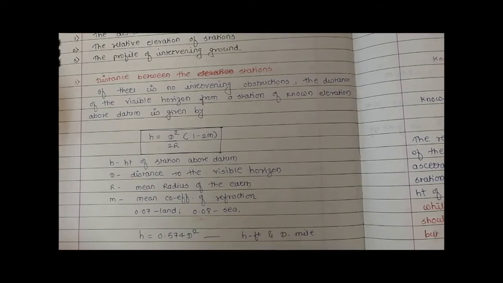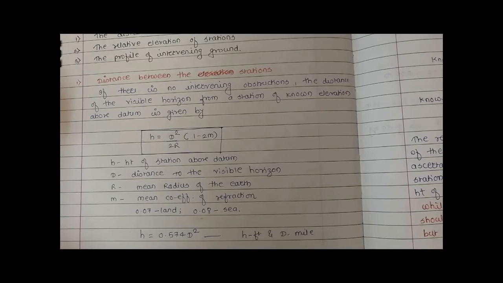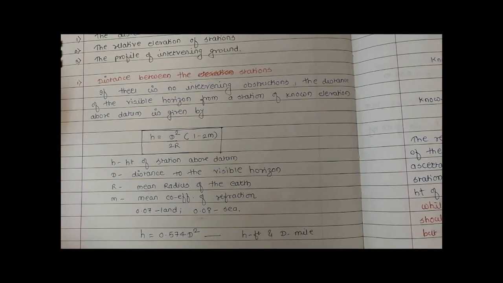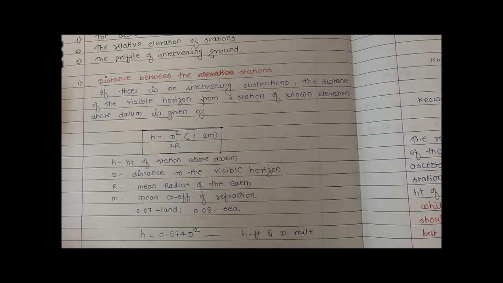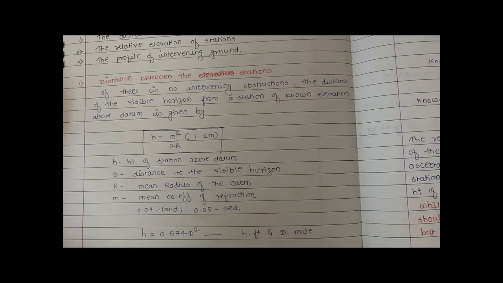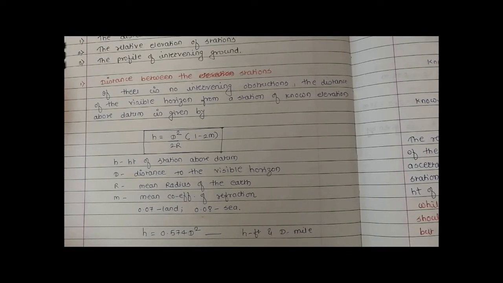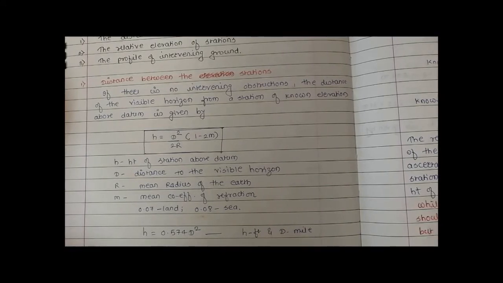Now why does the coefficient of refraction need to be considered? Because the distances are long, the two stations are very far from each other. In that case the curvature of the earth is considered, so we have to consider the coefficient of refraction.